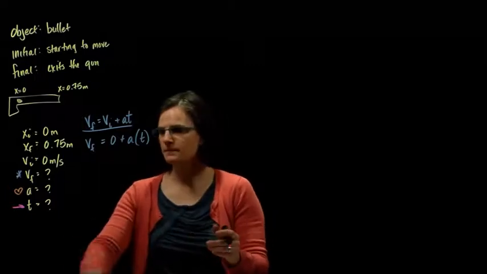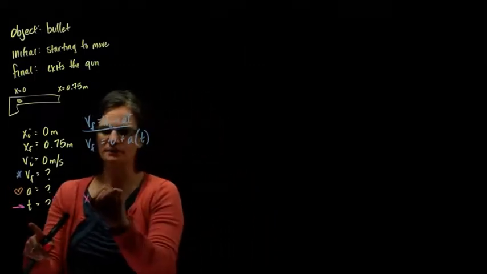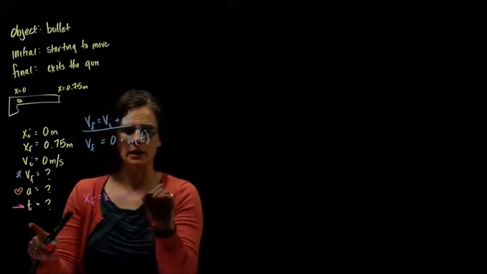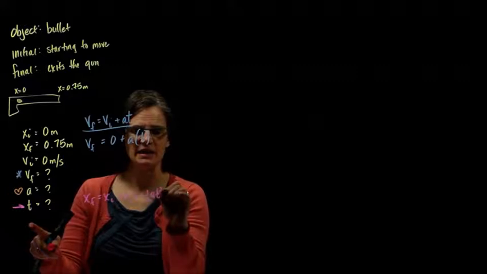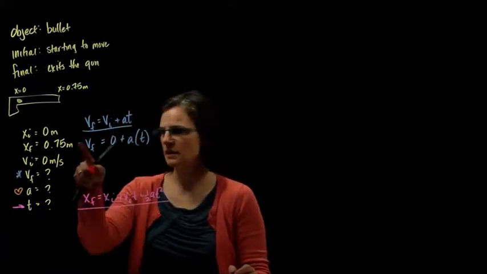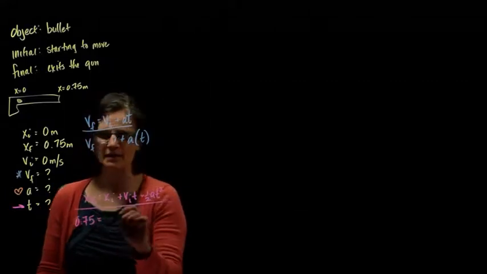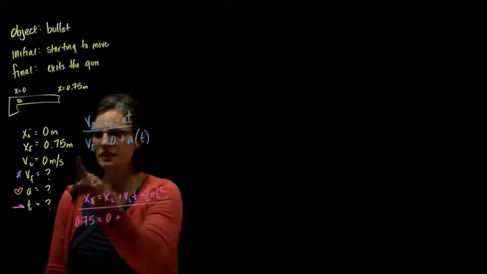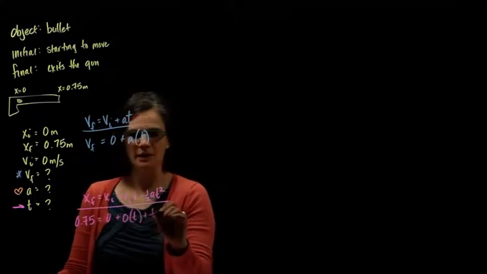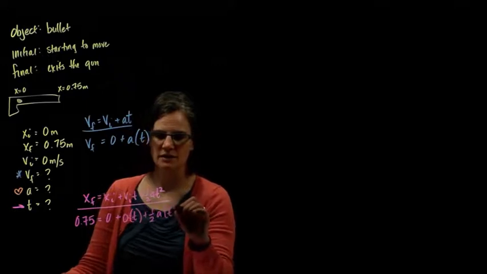Okay, well, let's go after time. From position, I have x final is equal to x initial plus v initial t plus 1/2 a t squared is my position relationship. Well, x final, okay, that's 0.75, is equal to x initial, that's 0, plus v initial, well, that's 0 times time, plus 1/2, I don't know a, I still don't know t squared.